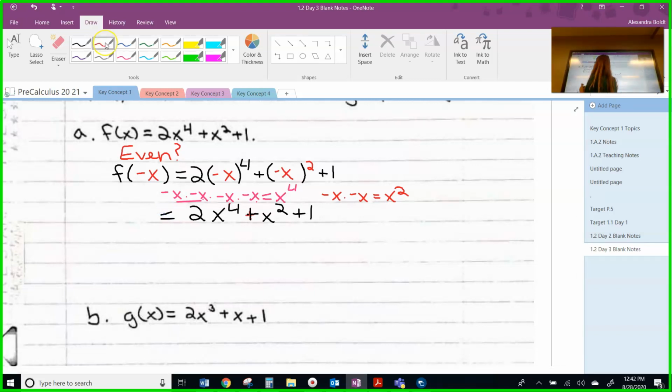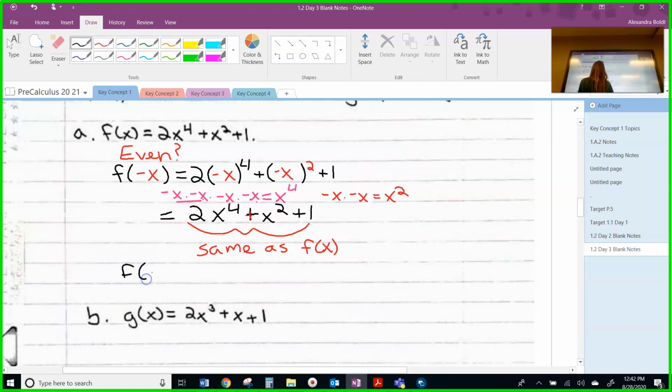Okay, this piece here is the same as f of x. So I can say f of negative x equals f of x. This function is even.